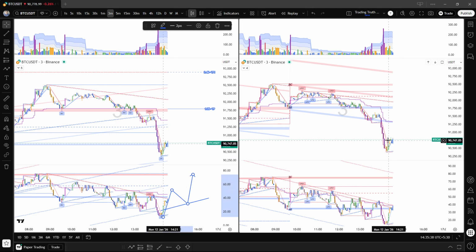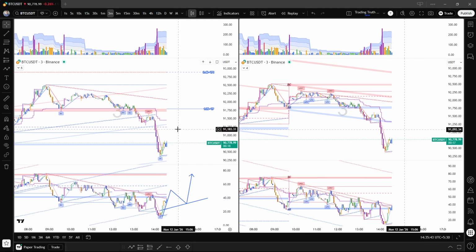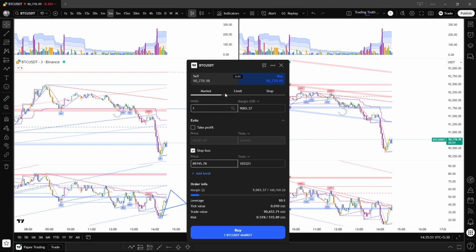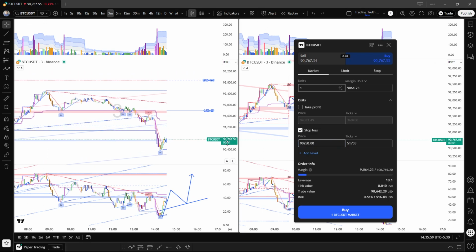Okay. So yeah, what I'll do, I'll just take a trade right now, so that I show you live what's going on. Stop loss will be below that, so I'll just put 90,250, right?